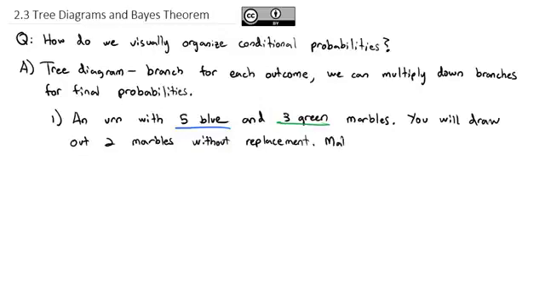We are being asked to make a tree diagram to model the possible outcomes and probabilities.